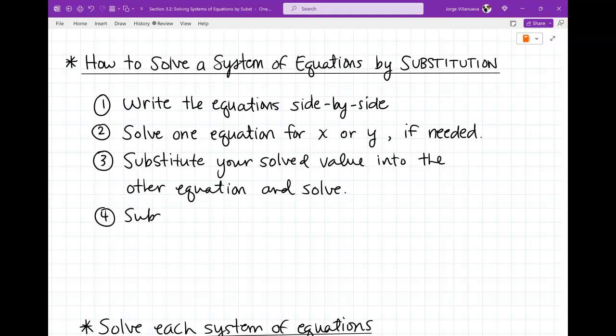Step 4: you're going to substitute your answer from step 3 back into the original equation.